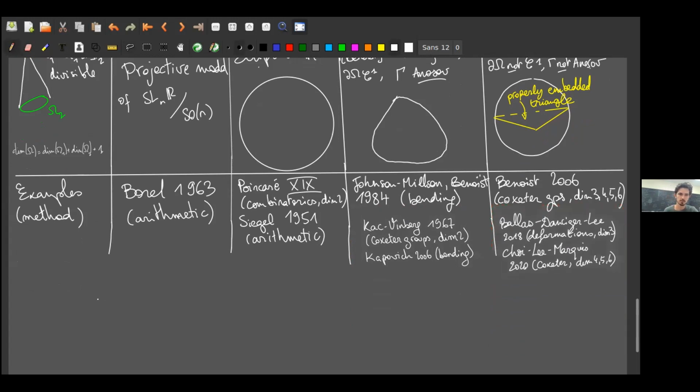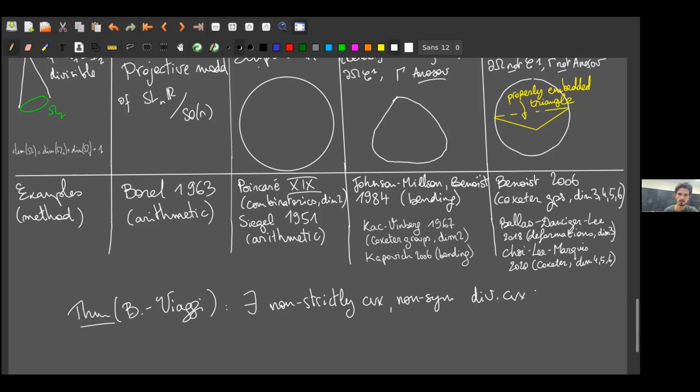And our contribution with Gabriele is that there exist non-strictly convex, non-symmetric, divisible convex sets in any dimension at least 3.